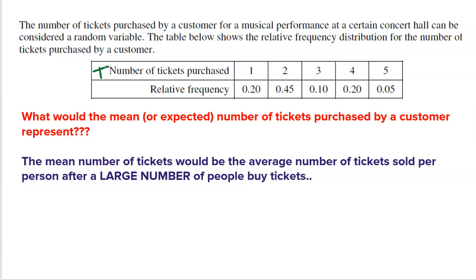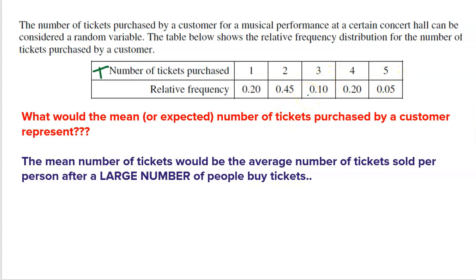So if we were allowed this random thing to go over and over and over, right? Person calls, purchases tickets. Person calls, purchases tickets. Obviously we're going to see lots of 2s. Selling 2 tickets is very common. We're going to see occasional 1, occasional 4. Every now and then we'll see a 5 and maybe a 3. But obviously we're going to see lots of 2s.